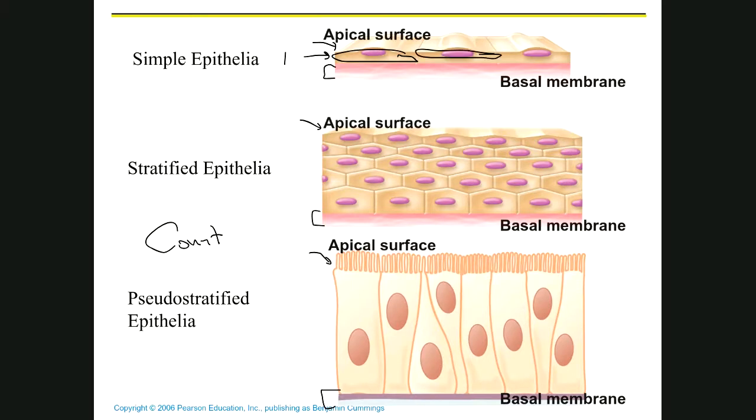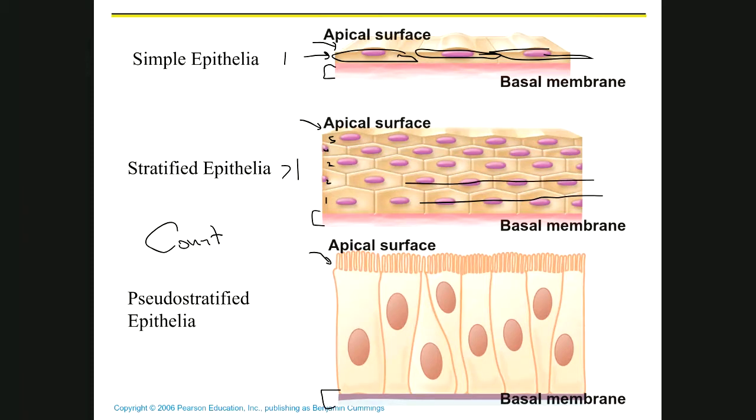But if I look at this one, I count 1, 2, 3, 4, 5, which is more than one. If it's more than one, it's stratified. And then if I look at this one, it might look like there's more than one, because what people tend to do when they count a layer is they tend to line up nuclei and call that a layer.